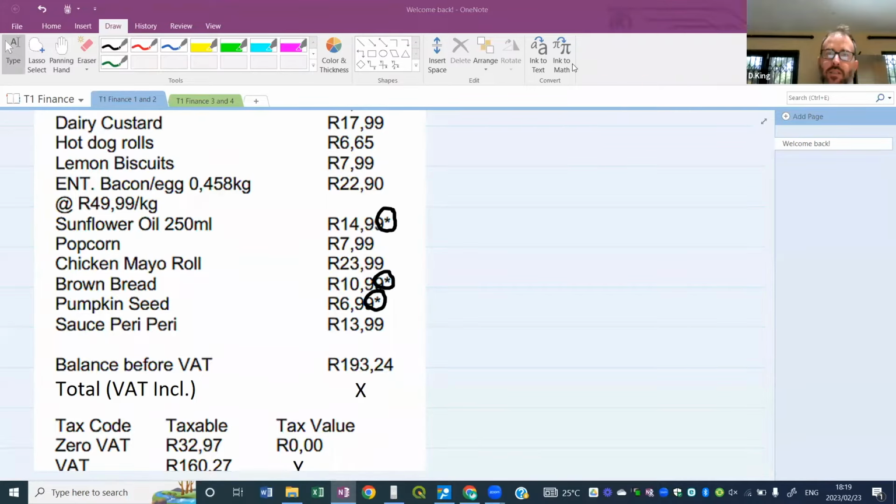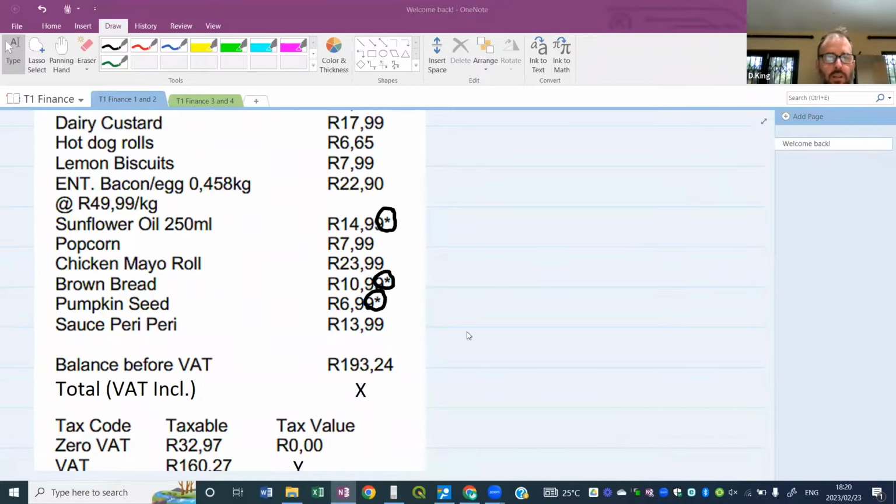Okay, so what we're going to do is take the VAT rated items here, and I'll show you the zero VAT rated items. They'll take them out. We're going to do a calculation on only the VAT rated items here. We will ignore a VAT calculation on the zero VAT rated items. All right.